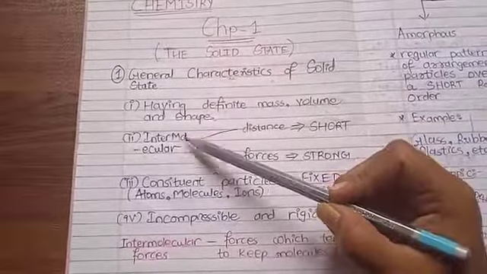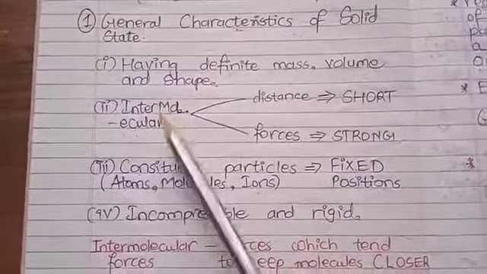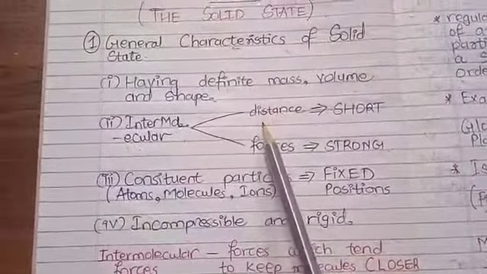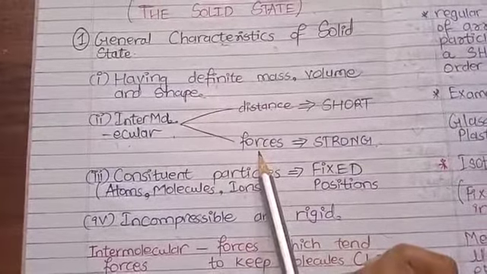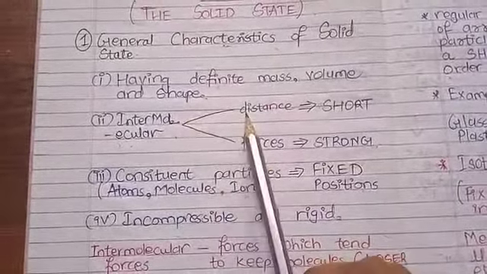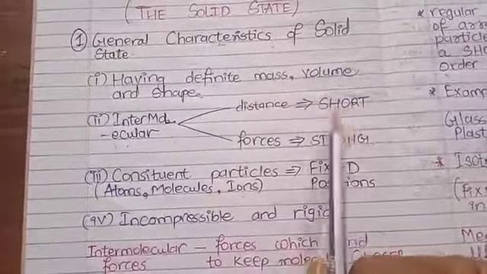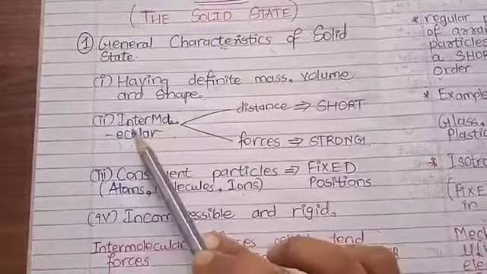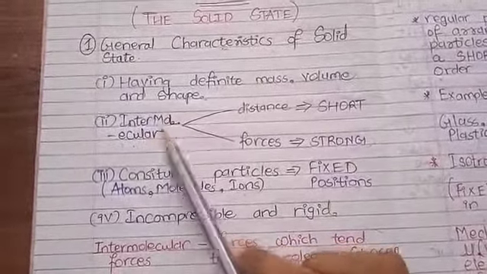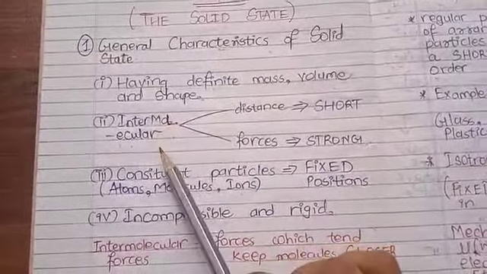The next is intermolecular. For intermolecular, I have two different things: intermolecular distances as well as intermolecular forces. So what are intermolecular distances? Intermolecular distances are very short. Intermolecular means it is happening between two molecules.